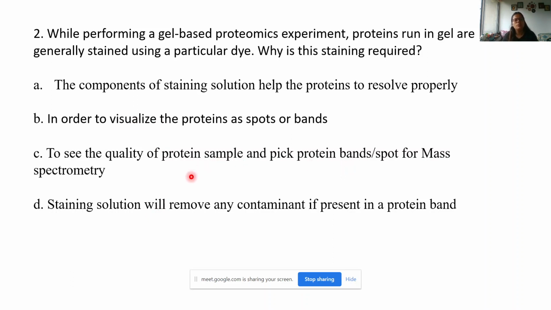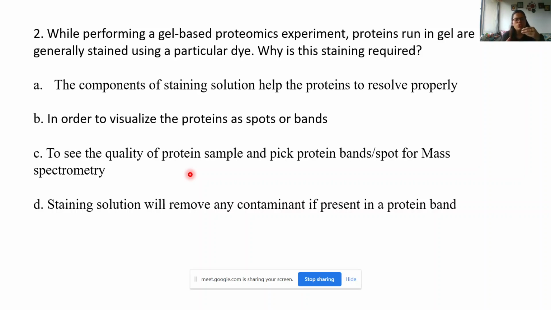When you are doing a proteomics study, initially you perform a gel-based analysis. After that, you want to identify a particular protein spot, so you will use mass spectrometry for its identification.